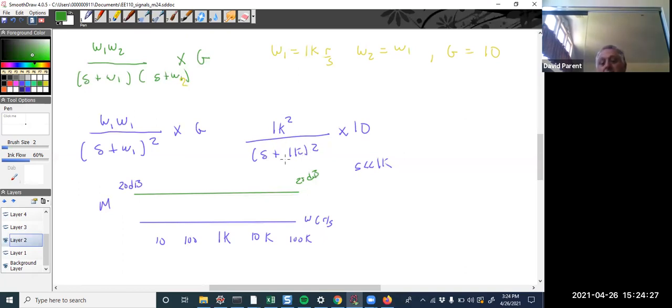Now, the other option is, what about when S is a lot bigger than 1K? Well, if that's true, I'm going to get 1K squared times 10 divided by S squared, which is a line at minus 40 dB. Now you can figure out what that line should be, but you know that it's got to start at 1K, and then it's going to go down.